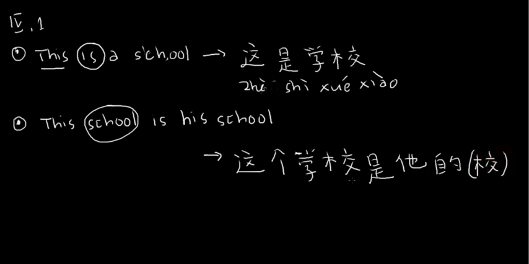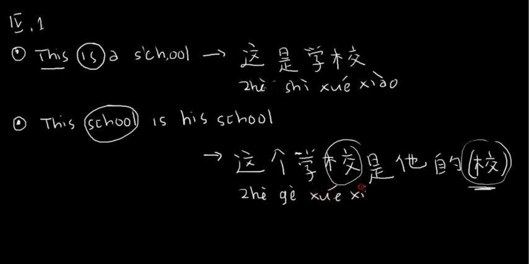But since we already know that this noun will be the same as this one, we can omit it. In Chinese, it is common to not mention it again. 这个学校是他的学校, or 这个学校是他的.